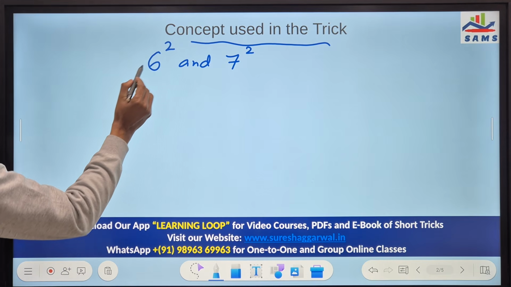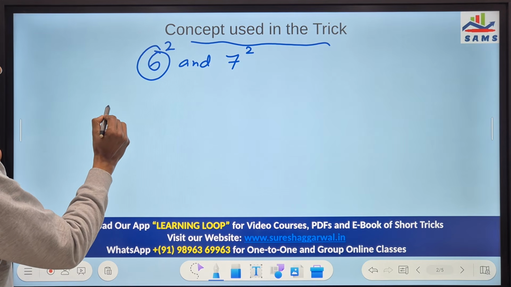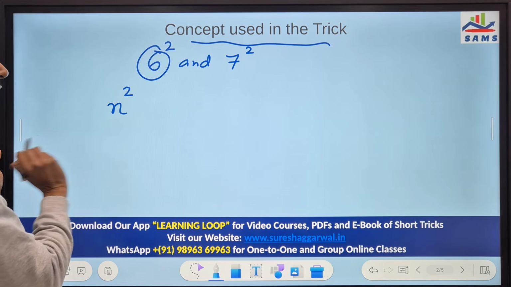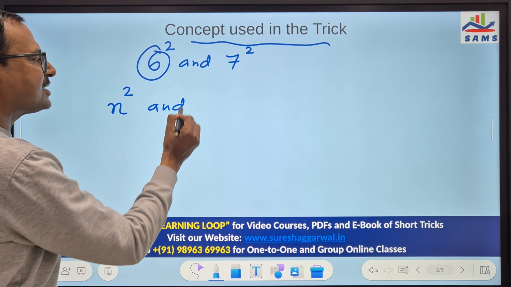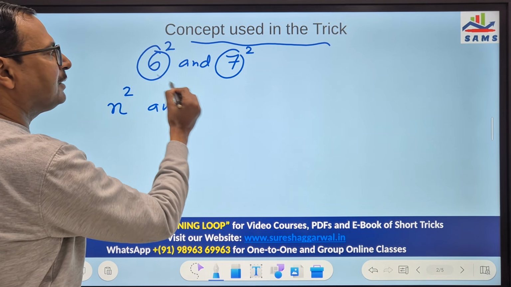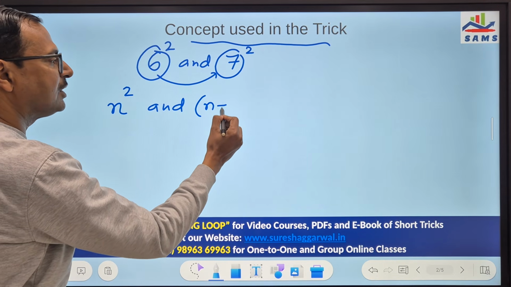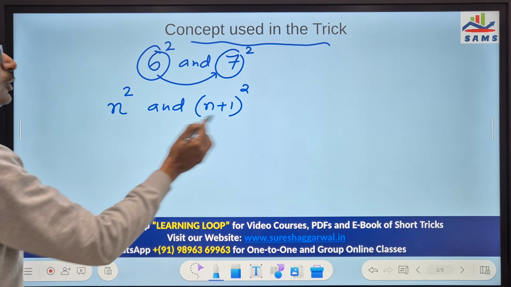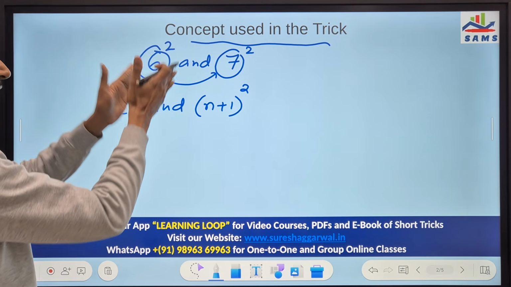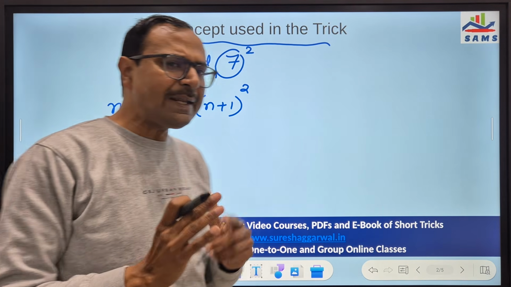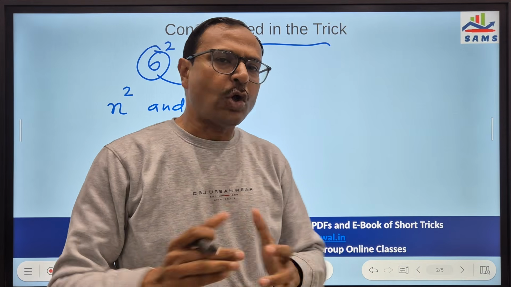Now suppose I consider the smaller number as n. So we have a n square, and the larger number obviously will be 1 more than this because they are consecutive numbers. So it is n plus 1 whole square. And I want to find how many natural numbers lie between them. So I'll take a example of non-squares.